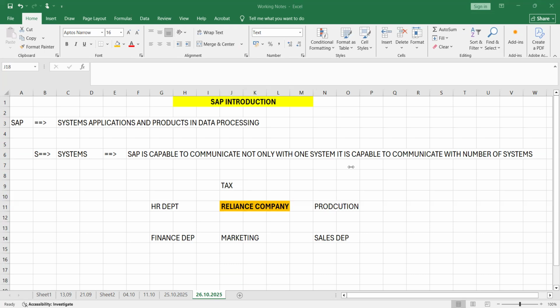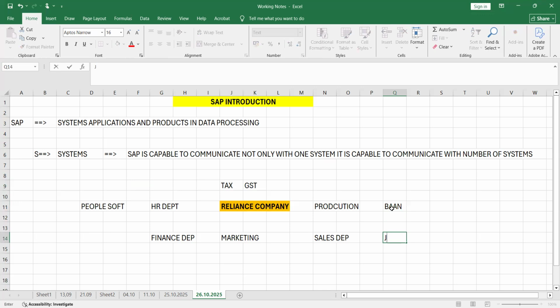For example, in the HR department, we are using an ERP called PeopleSoft. In the tax department, we are using GST. In the production department, we are using a software called BAN.